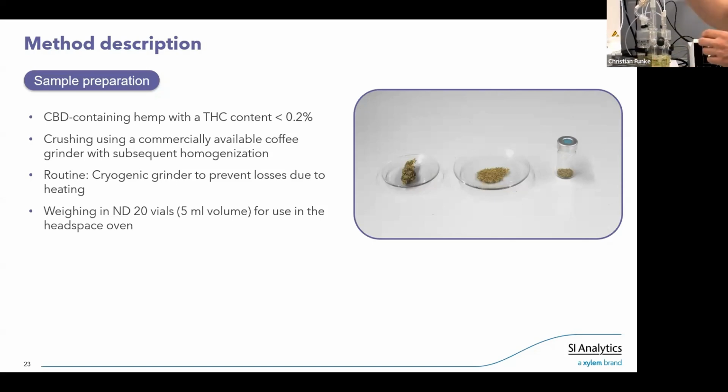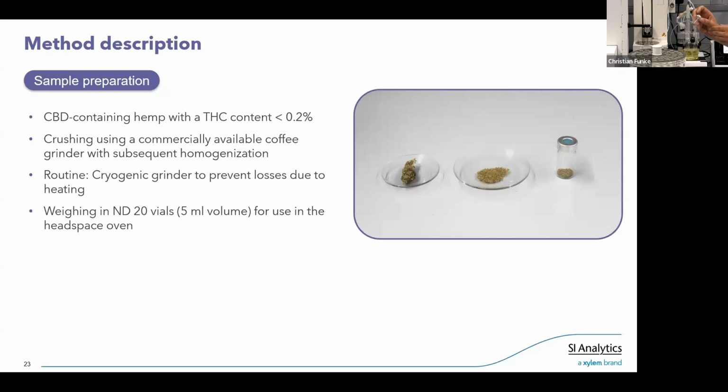And after that we weigh in the sample in the vial and close it. And the nice thing is that after you have weighed it in the vial, you have kind of fixed it, because you do not have any exchange with the ambient. So the water you have here is now in the vial and nothing can happen anymore.